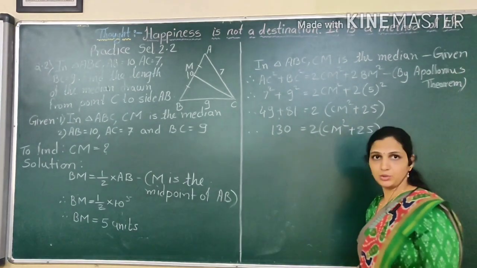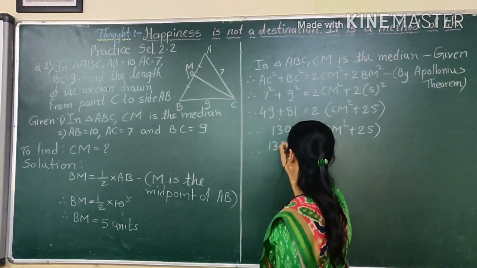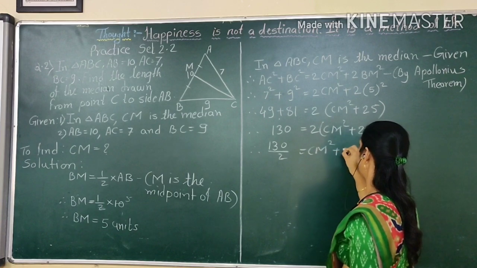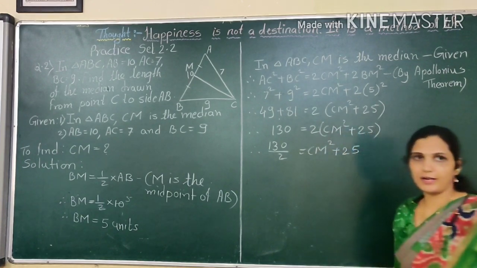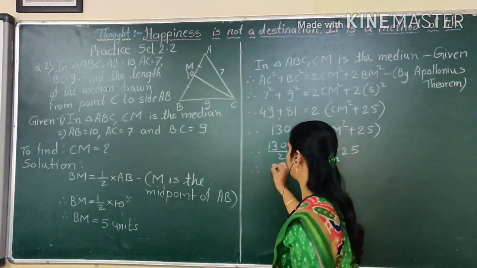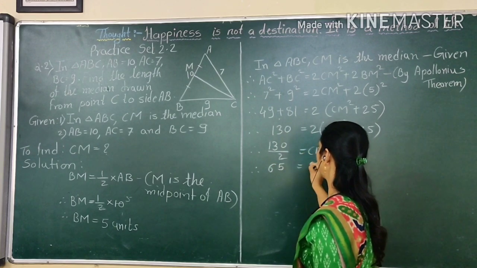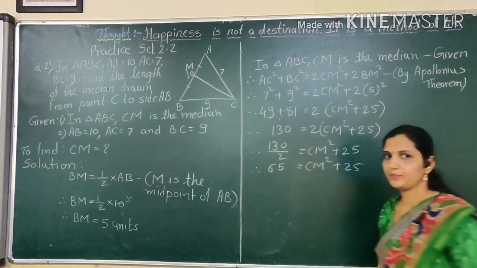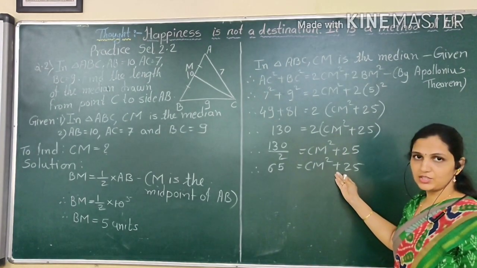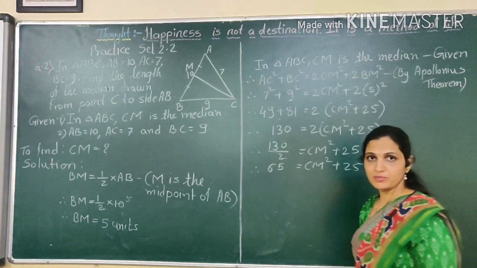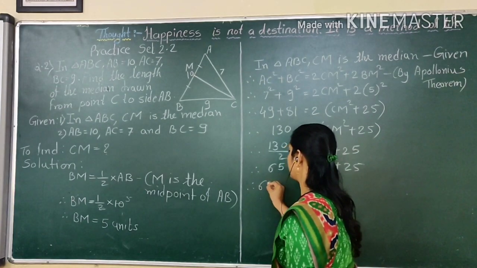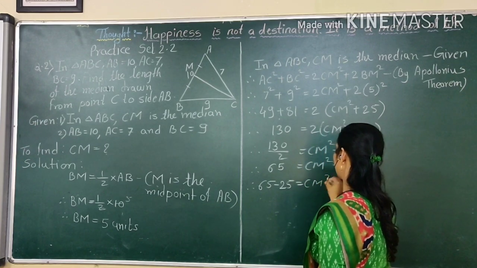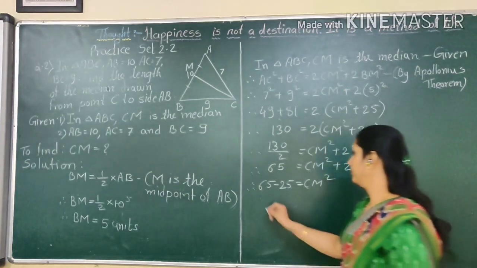Now we can divide it by 2. So 130 upon 2 is equal to CM square plus 25. 130 by 2, 65 is equal to CM square plus 25. Now 25 is an addition, so we can subtract it from 65 in the next step. 65 minus 25 is equal to CM square.